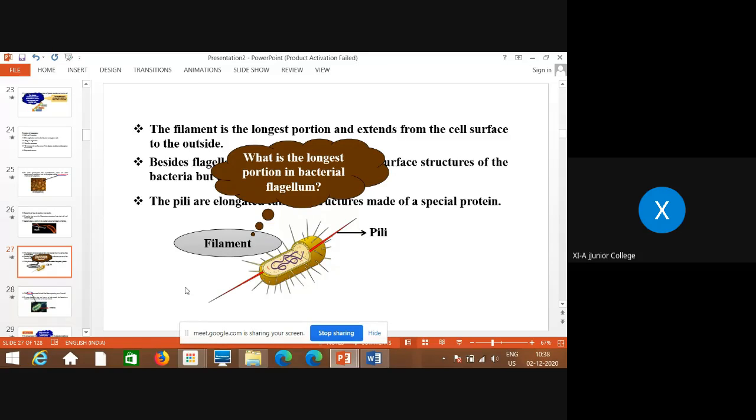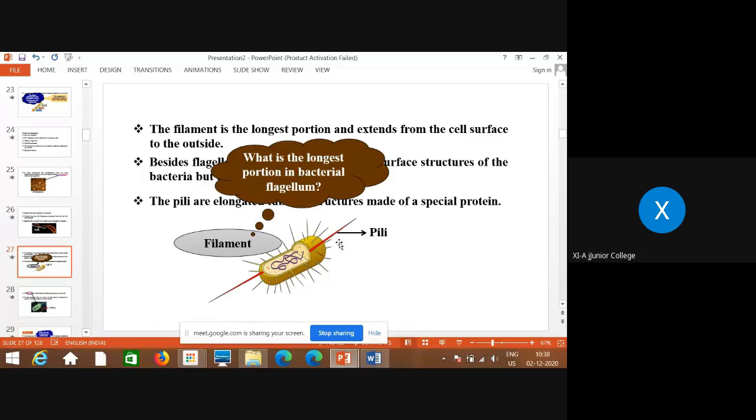Along with that, you can remember that such extensions are called pili because they are made up of a specific type of protein. They are elongated structures made up of specific proteins, so they are called pili. Like the filament, like the flagellum, this is one more structure called pili.